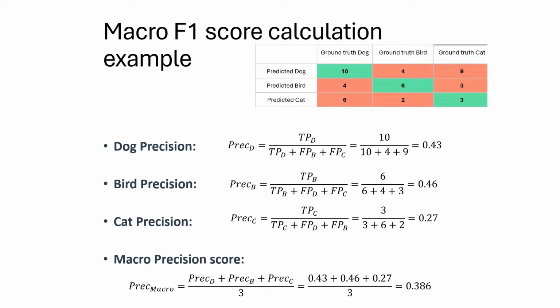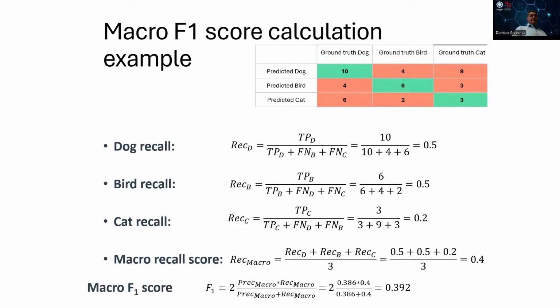The recalls for dog, bird, and cat are calculated according to similar formulas, and we have to calculate the average recall for the multiclass problem. Here are all the formulas. Dog recall: the true positive for dog.